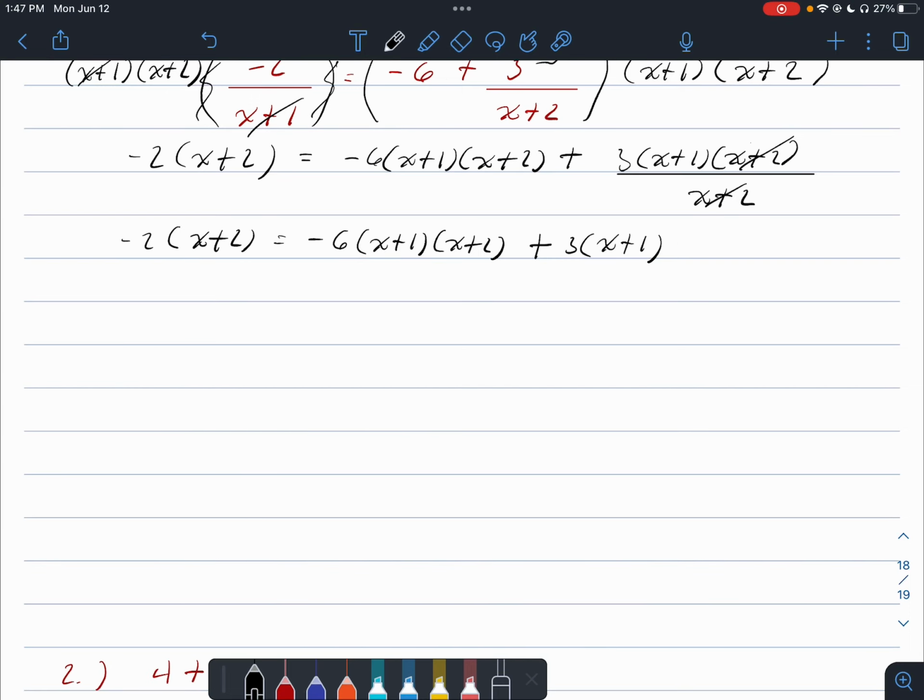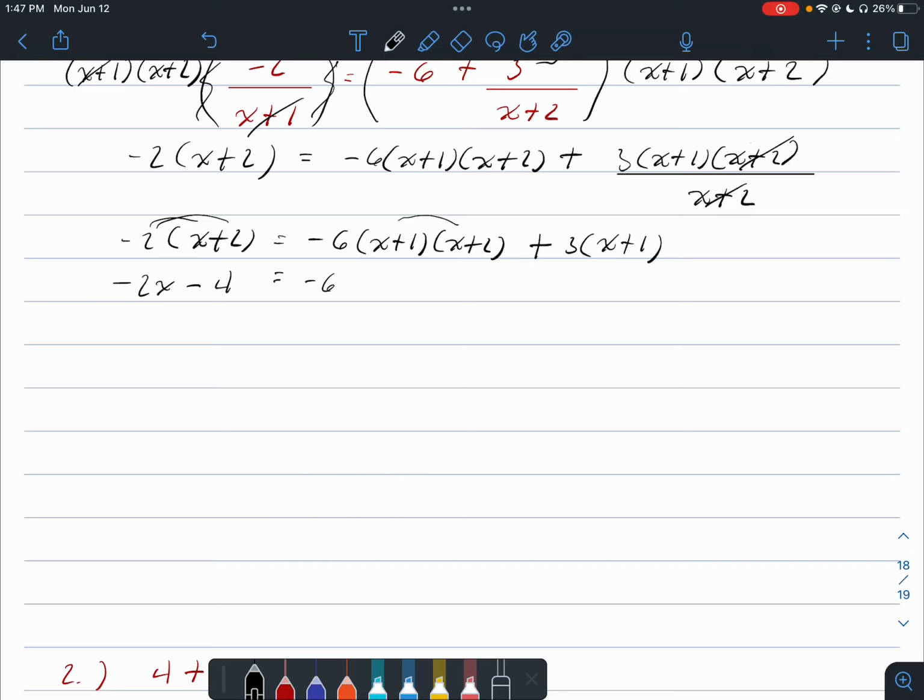Now we can do all of our distributions and FOILing so that we can simplify this as much as possible. On the left-hand side, let's distribute this -2 to the x and to the positive 2, so we'll have -2x minus 4. And here, let's FOIL these two binomials out.